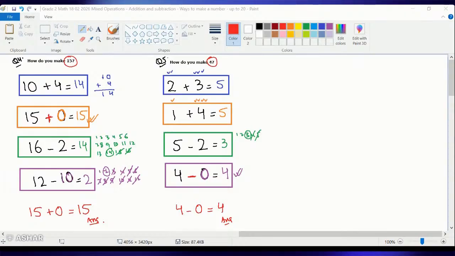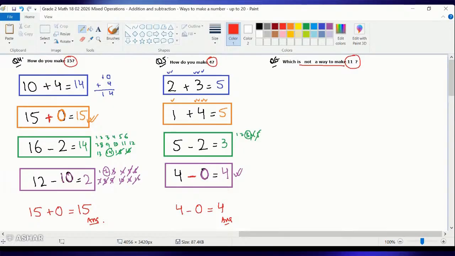Which is not a way to make a 11. We need to find the ways how we cannot make an 11. Okay, let's say this is our question number 6, and we have to find a way not to make an 11.